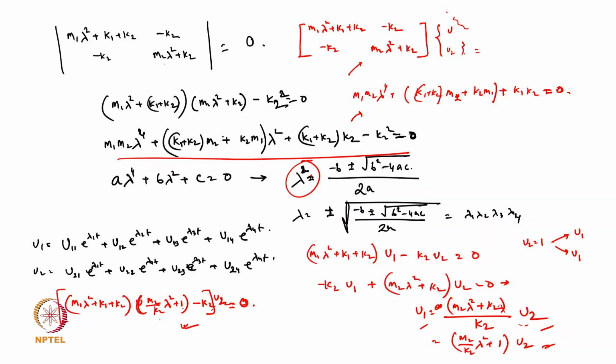And this shows a little more clearly how u1 and u2 are correlated. Once you put the first value of lambda square, you get one type of relationship between u1 and u2, and if you put the second value of lambda square, you get another relationship between u1 and u2.